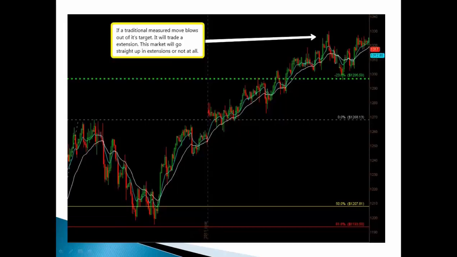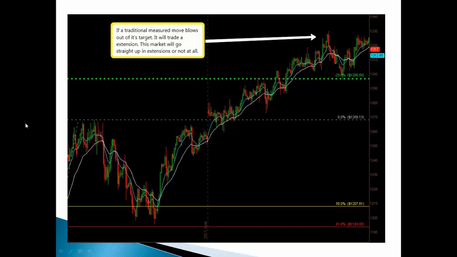Traditionals not to trust. In this particular example, this traditional measured move blows out of its target. As you can see, the 1296.50s. If it blows out of a target, it trades a new extension. Okay? This market will go straight up in extensions or not at all. Markets go from traditionals to extensions to straight up.